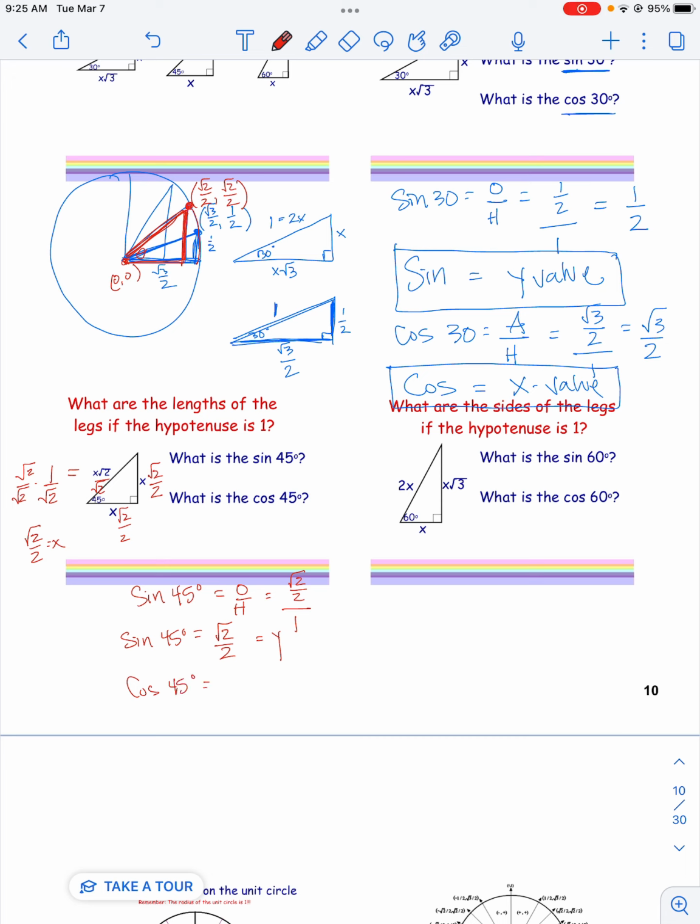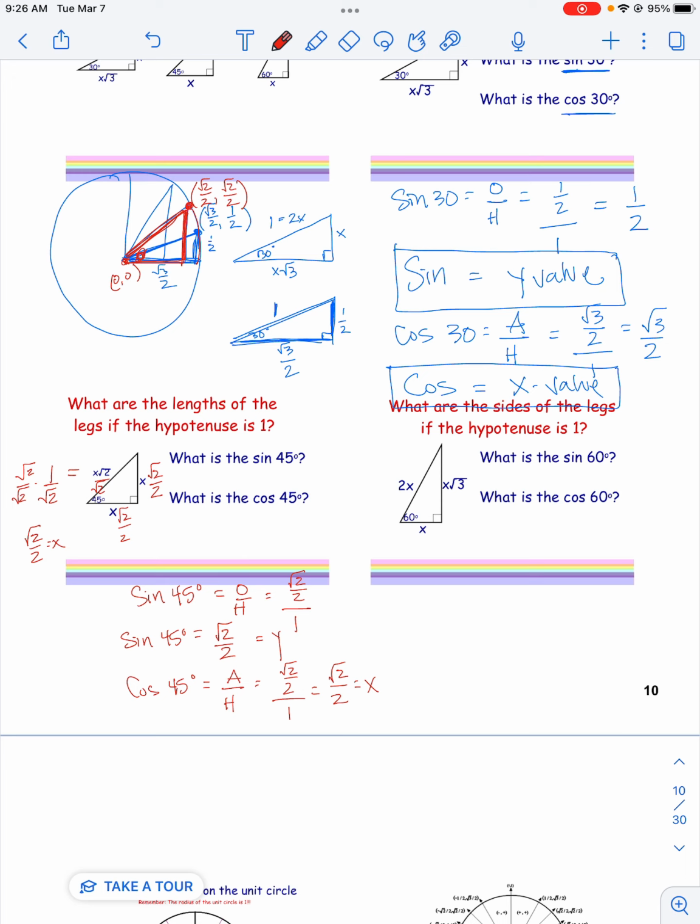Well, I bet you can guess what it's going to be. If it's the adjacent over the hypotenuse, the length of the side adjacent to this angle, theta, is the square root of 2 over 2, and the hypotenuse of that right triangle in the unit circle is 1. So the cosine at 45 degrees is the square root of 2 over 2. It's just the x value. Ta-da!